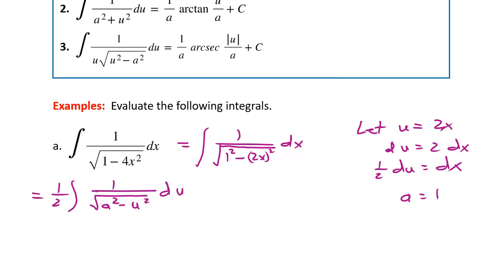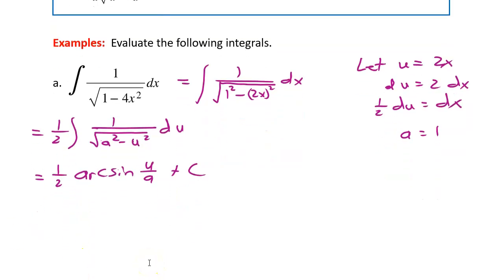So now we just apply the formula for 1 over root a squared minus u squared du, and that's going to be arcsine of u over a plus c.